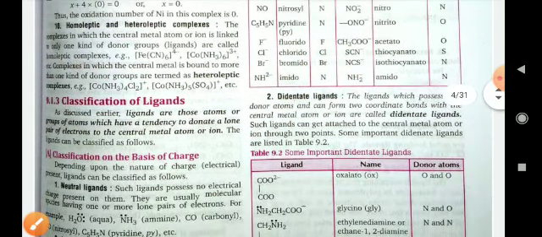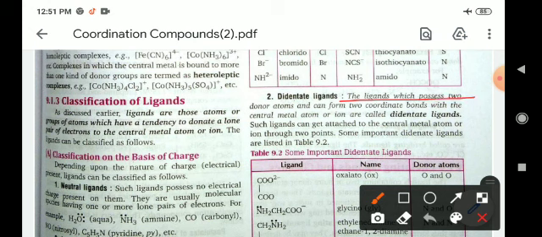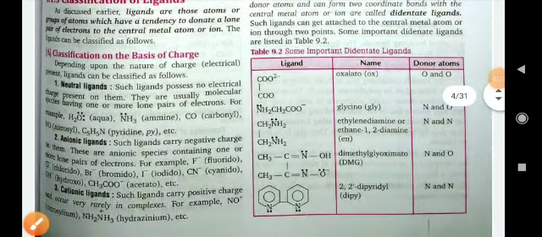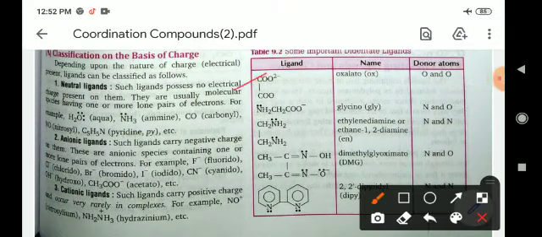Now bidentate or didentate ligands. The ligands which possess two donor atoms and can form two coordinate bonds with the central atom or ion are known as didentate ligands. Examples are oxalato, COO-COO-, and glycino, NH2CH2COO-, where nitrogen can donate electrons and oxygen can also donate electrons.